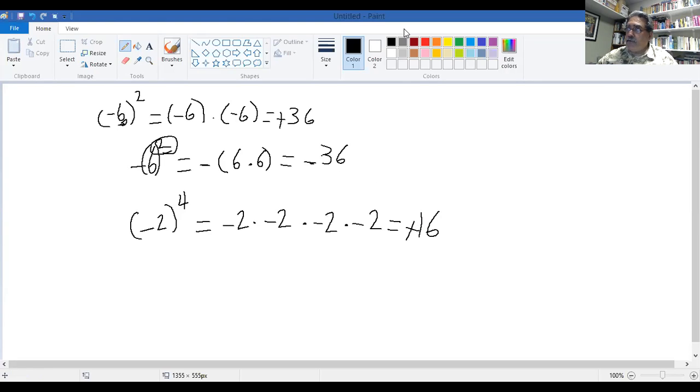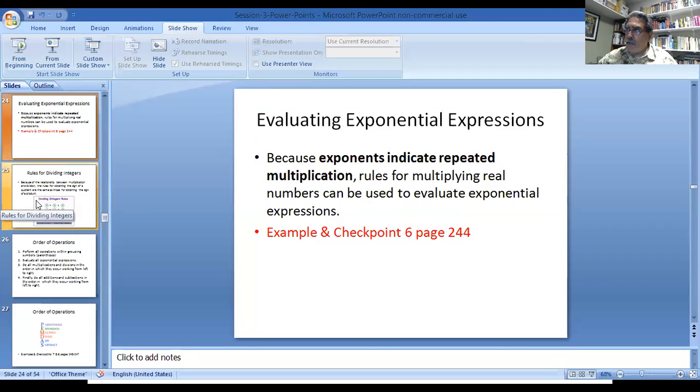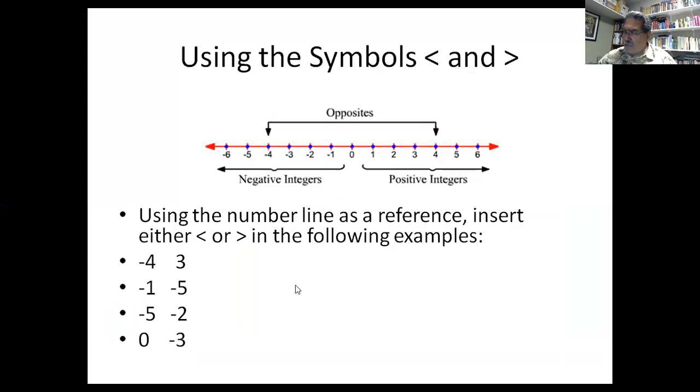Let's go back to our PowerPoint. Dividing integers is the same as multiplication.